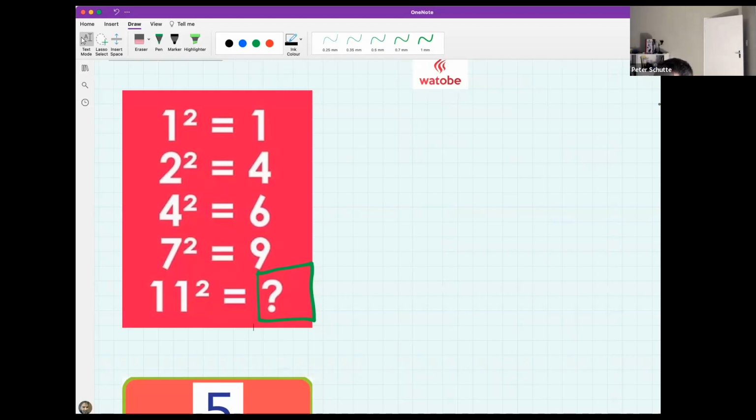So I see a couple of different values. There's actually a couple of different patterns that could work here. So some people have said 11. So this is going +3, +2, +3. I'm not sure I get that one. What I was thinking, but there could be different ways of doing this, is like 4 squared is 16, 7 squared is 49, 11 squared is 121.